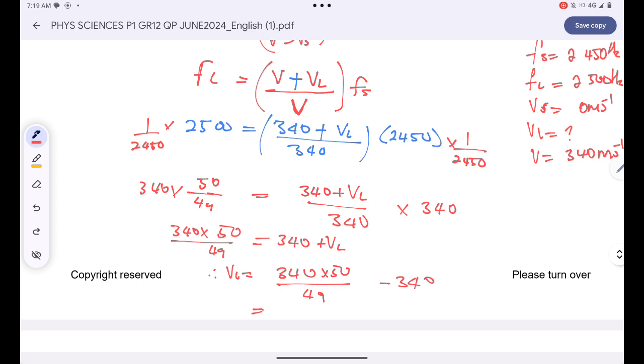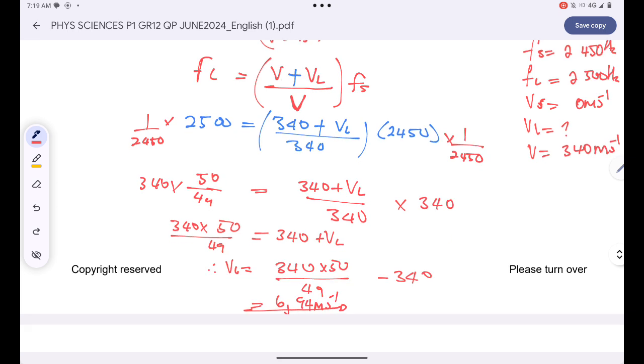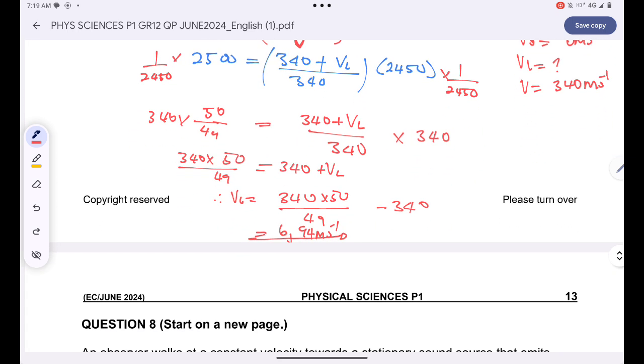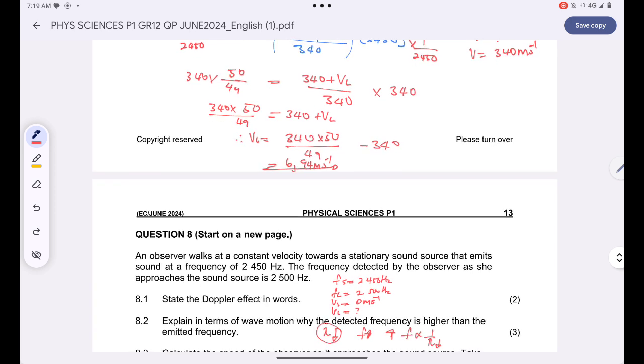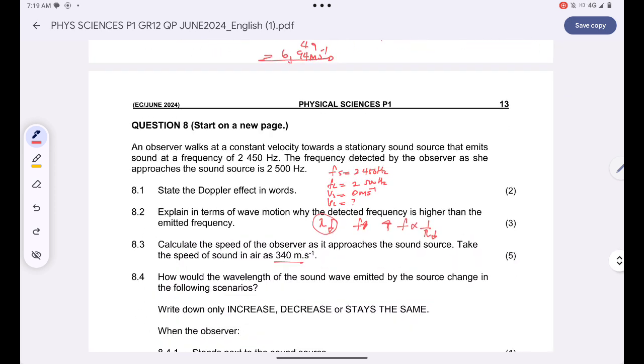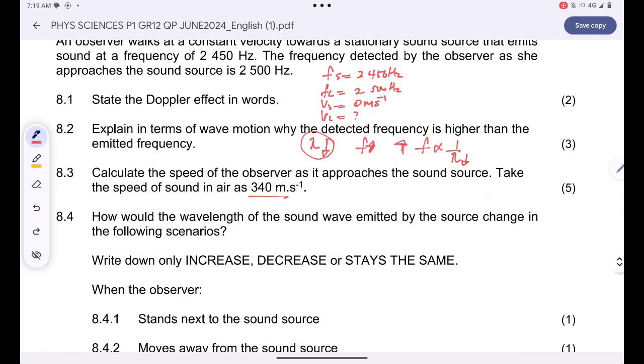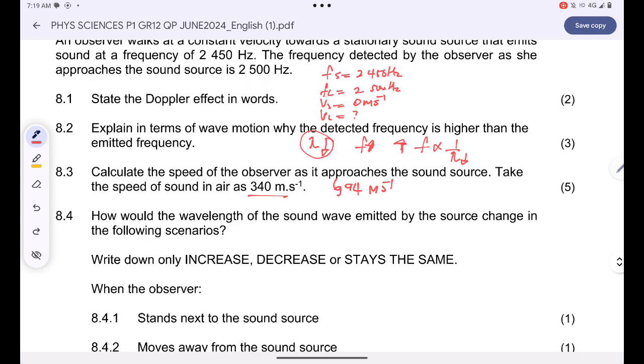This will simply give me the speed of 6.94 meters per second. So the lady was just walking towards the stationary source at a speed of 6.94 meters per second.